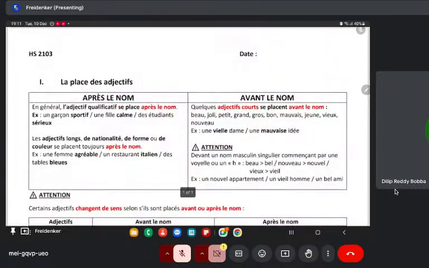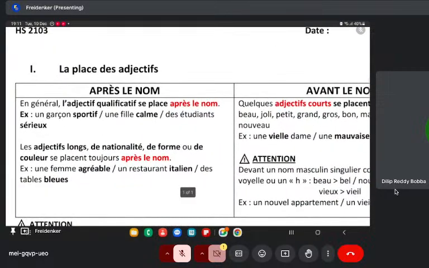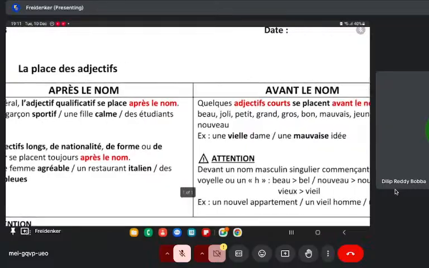So these are the rules, right? In general, the adjectives are placed after the noun. In general, and more specifically, if the adjectives are long. Okay, now you don't get to decide what is long or short. You don't get to use your head to decide. It's already given. So short adjective means it's already given here.